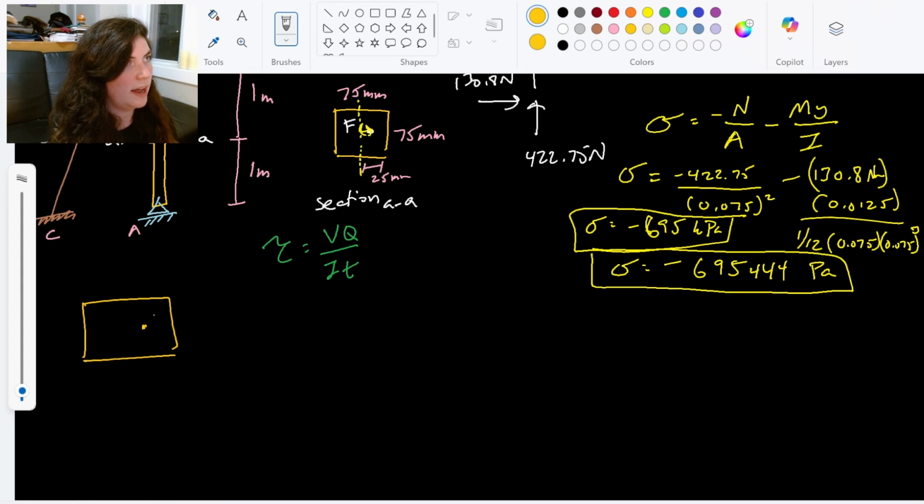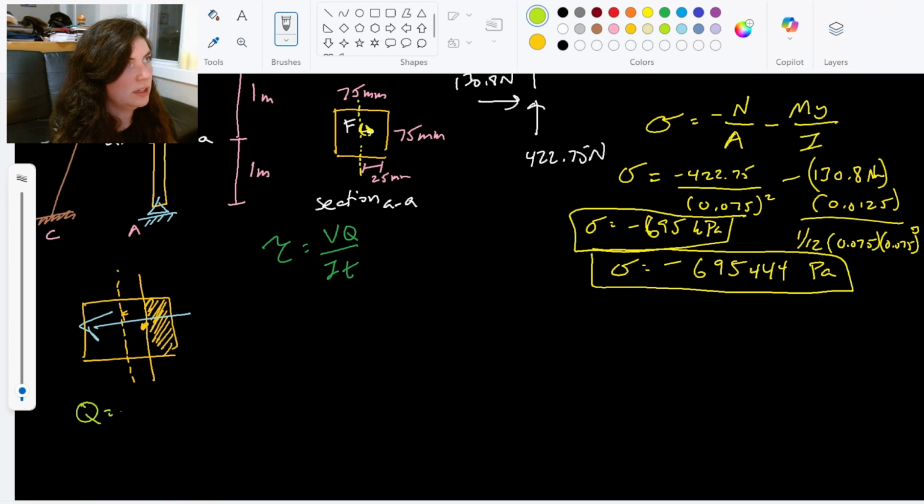So here's where F is. Here's my centroid, here's where F is. So I know that my Q is going to be for this area right here, because my shear is going down this way across it. So I want to use the area that's away from the centroid and find my Q for this area here.